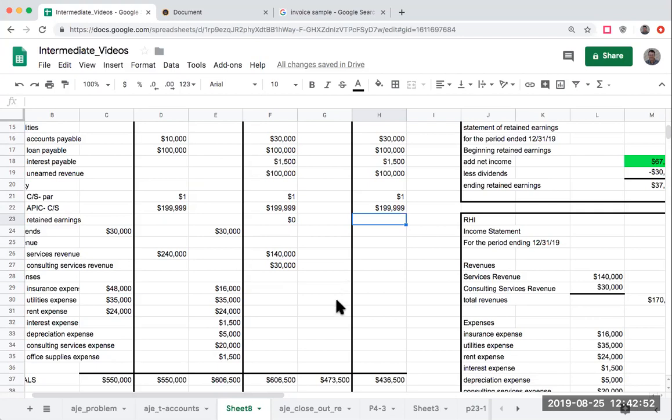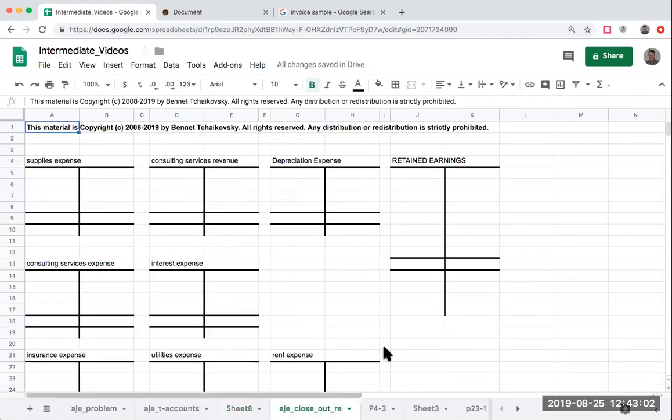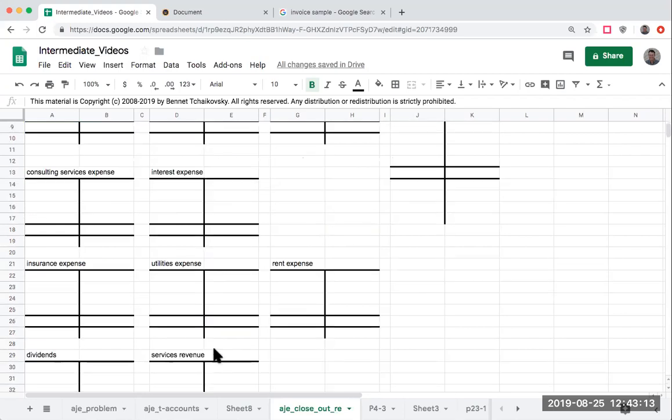So the way that I do this is going to be a little bit different than what you may have seen before. So let me pause really quickly and show you what we're going to do. Right over here, you have all of the temporary accounts listed out. Consulting services revenue, consulting services expense, and all these different items.